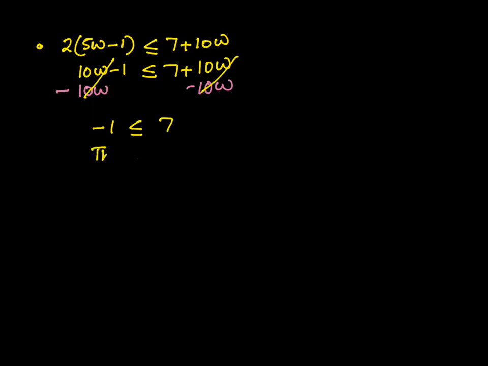It's true, right? So that means when it comes out to be a true statement, the solution is all real numbers. So when you have a situation where it's a false statement, you will say no solution. But when it's a true statement, you want to say all real numbers.